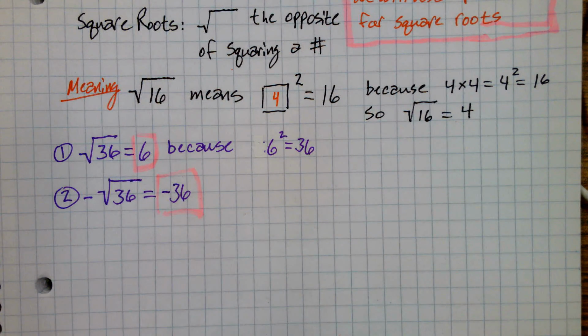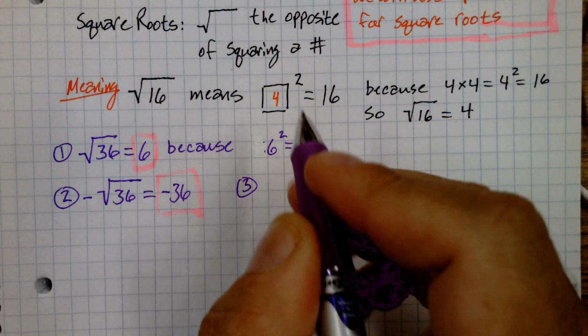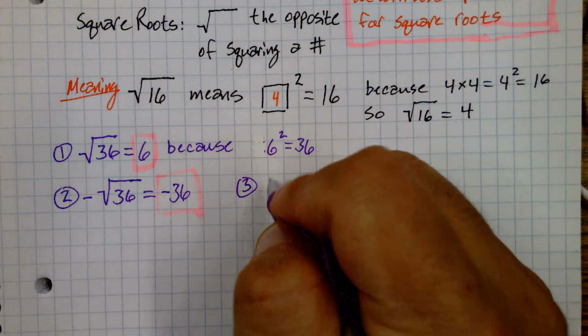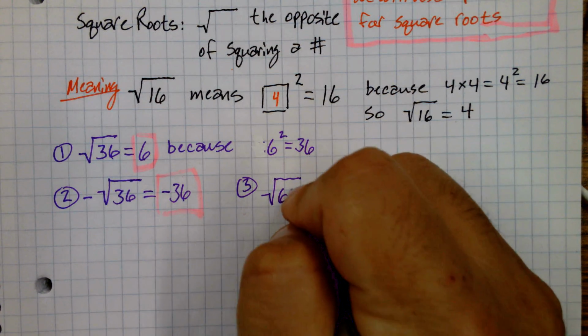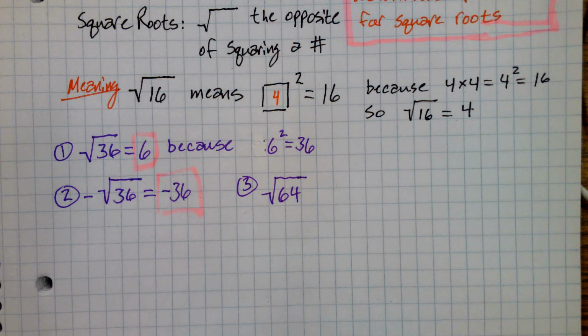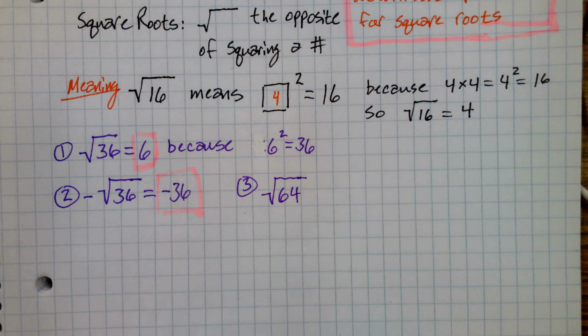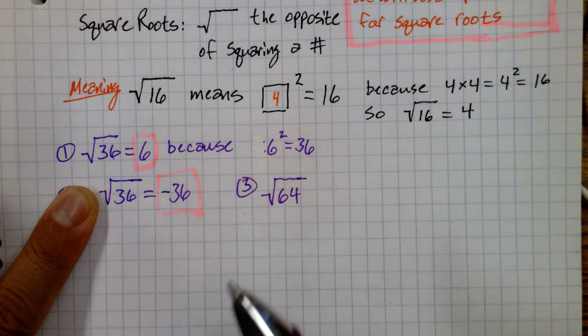Okay. We're on a roll. Number 3. Let's do the square root of 64. Well, hold on. Let me take care of this. First, you find it like order of operations.